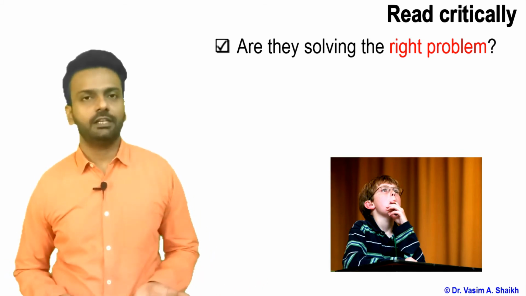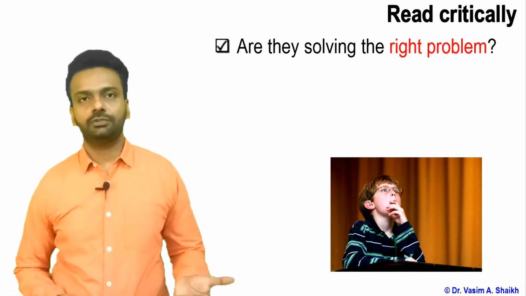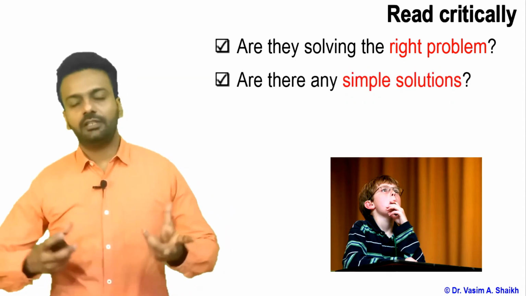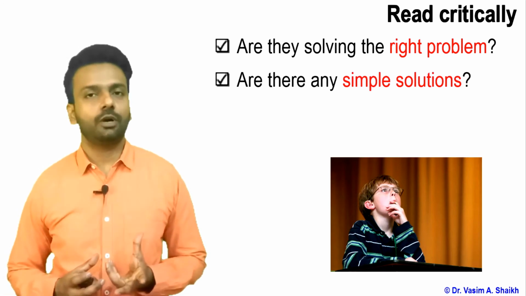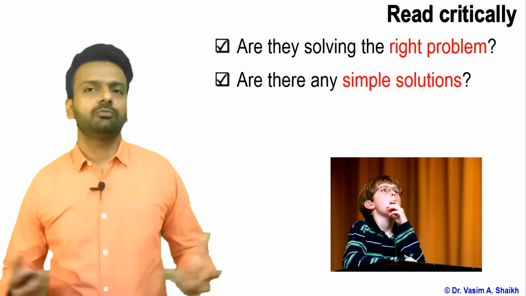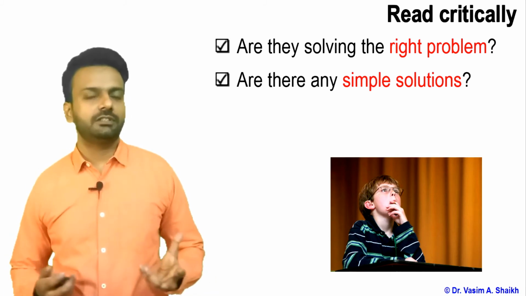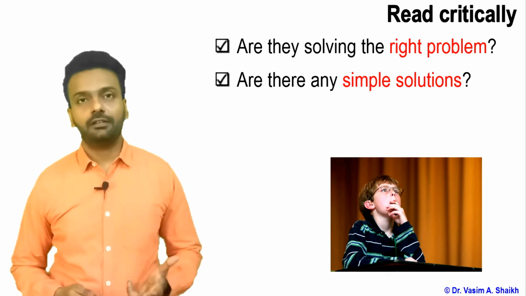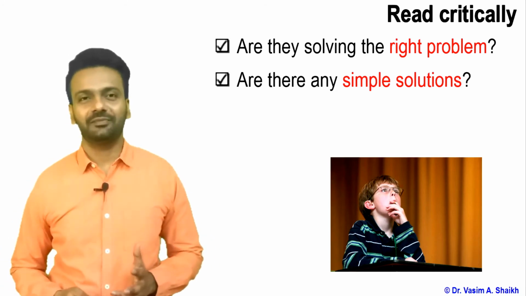Then why are they doing it? That is one issue you can think about. Are there any simple solutions? Sometimes people make the solution very complicated just to show off that their research is very good, but you can see whether it can be solved in a simpler manner. That is how you read the paper critically.